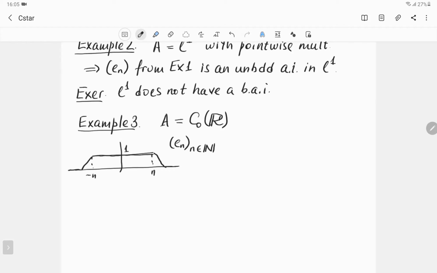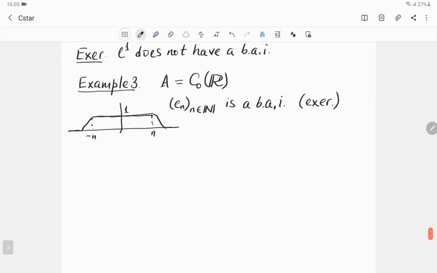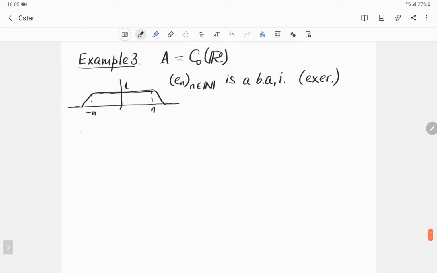So it's a simple exercise to show that En is a bounded approximate identity. Well, the proof is essentially the same as in example 1. In fact, this can be easily generalized to an arbitrary locally compact space.